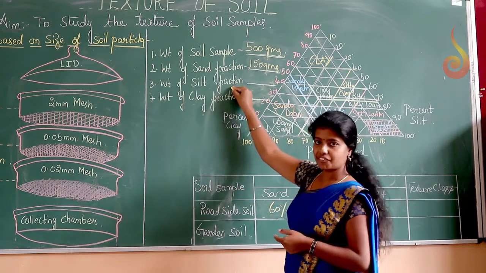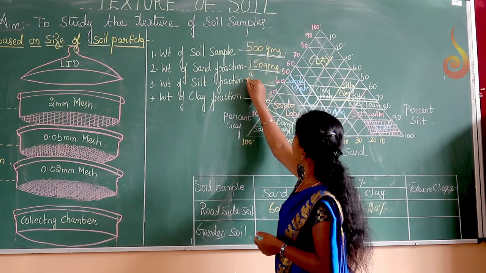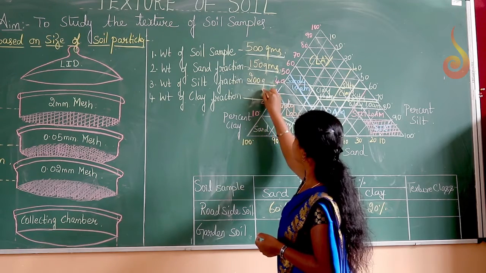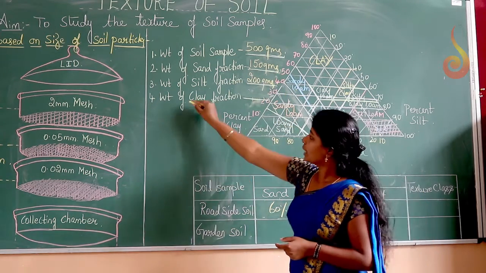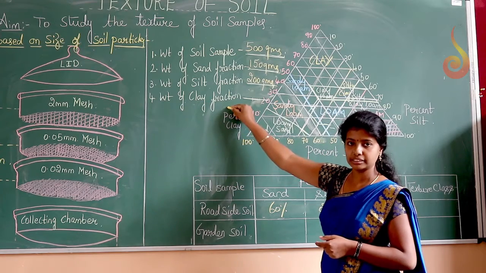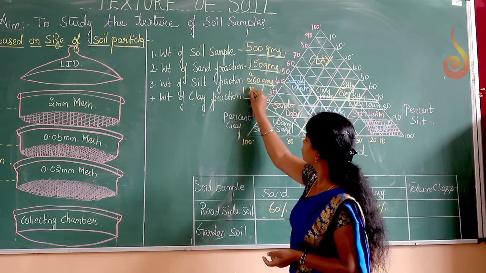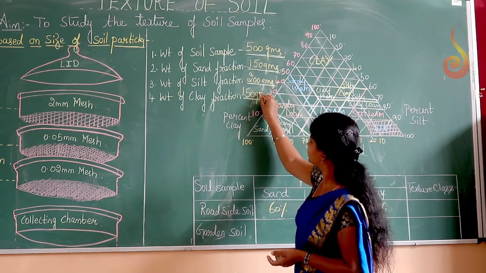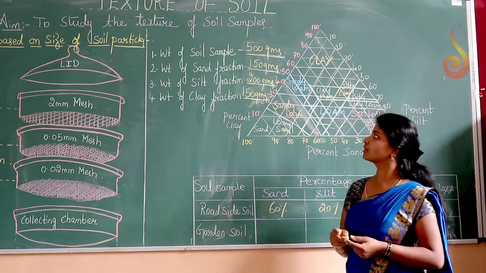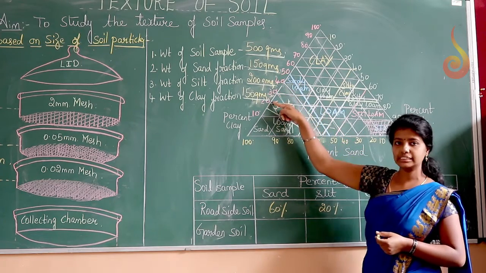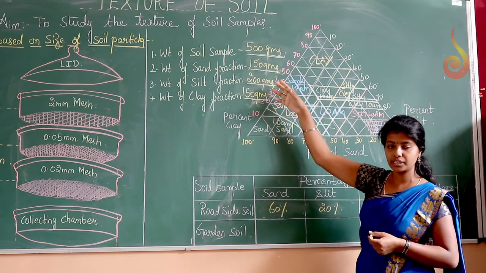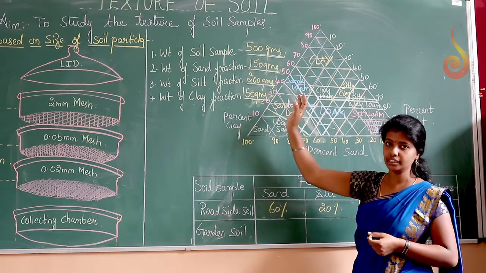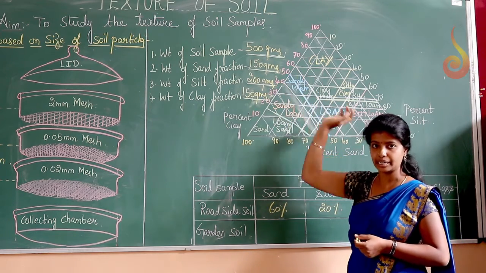The weight of the silt fraction, say around 200 grams. The weight of the clay fraction, say for example, about 150 grams. The sum of all three fractions should be equal to the total weight of the soil sample we have taken initially, that is 500 grams.